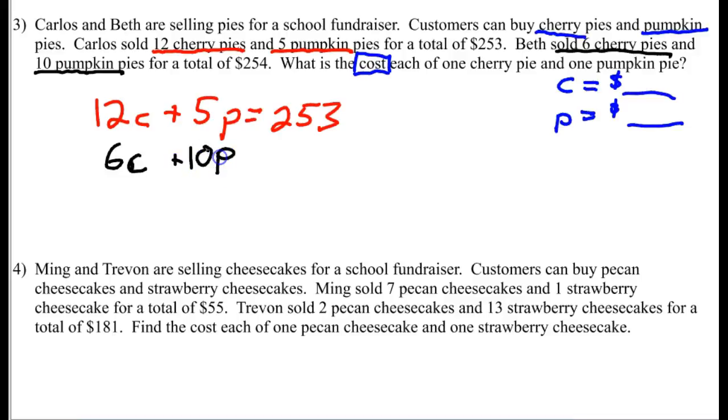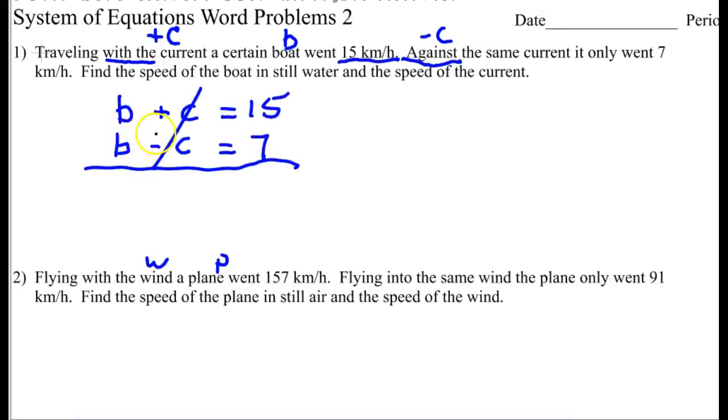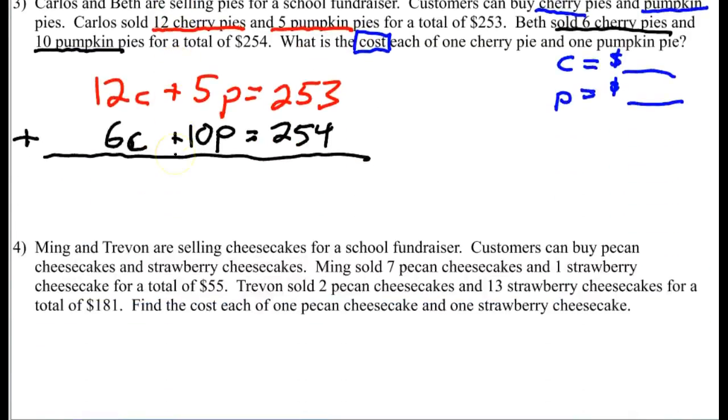So you're going to have to multiply by something in order to get these to eliminate. It's not going to be an easy elimination like yesterday. That's the only difference from yesterday to today. Yesterday they eliminated pretty easily because they're already one positive and one negative, and they equal 0. So we're going to have to multiply one or both to get them to eliminate.